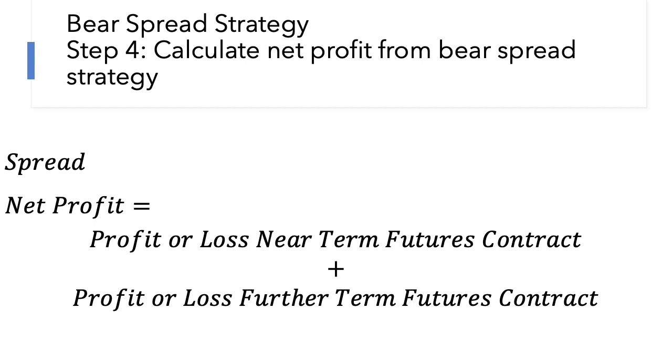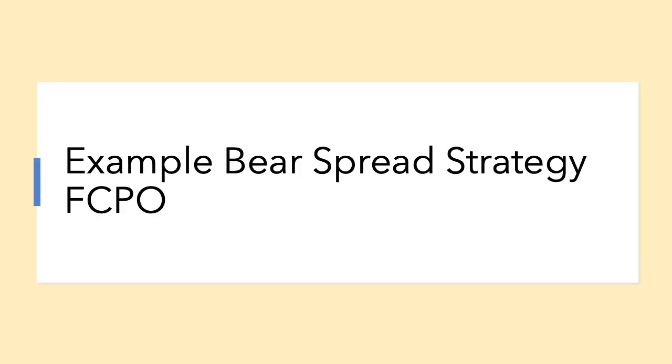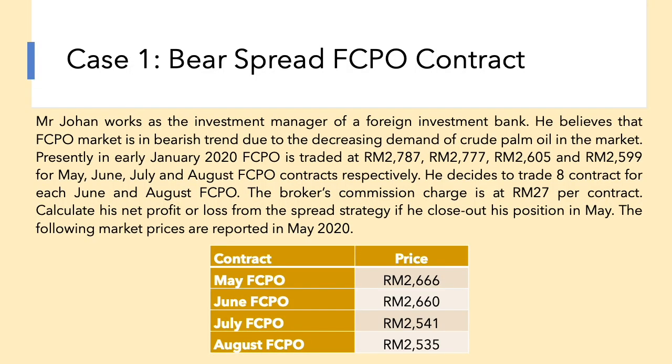If you use the FMG futures contract, then you need to use the FMG formula for profit or loss. And the last step, step number 4, you need to calculate the net profit from the bear spread strategy. The formula is: net profit of the bear spread strategy equals the profit or loss from the near-term futures contract plus the profit or loss from the further-term futures contract.